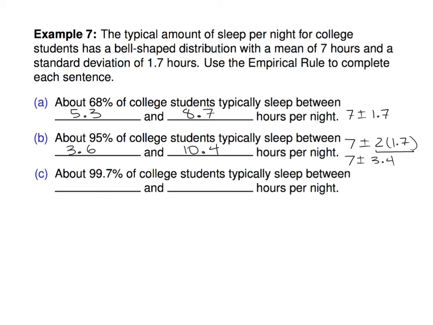And almost everybody will fall within plus or minus 3 standard deviations. So that's 7 plus or minus 5.1. So on the low end, just 1.9 hours, students will be cramming for a test, and 12.1 hours on the high end.